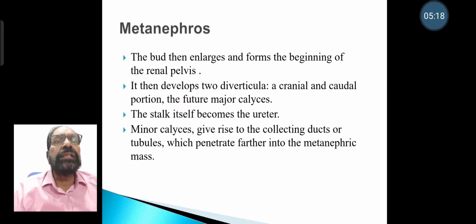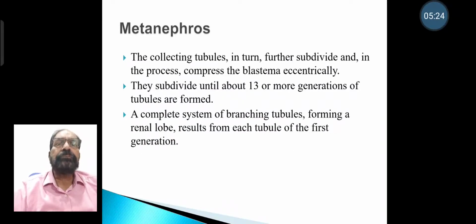Minor calyces give rise to collecting ducts and tubules, which penetrate farther into the metanephric mass. Collecting tubules in turn further subdivide and in the process compress the blastema eccentrically. They subdivide until about 13 or more generations of tubules are formed. A complete system of branching tubules forming a renal lobe results from each tubule of the first generation.